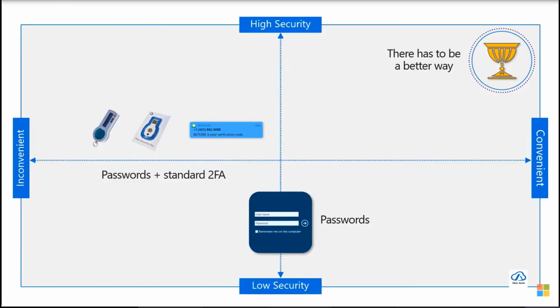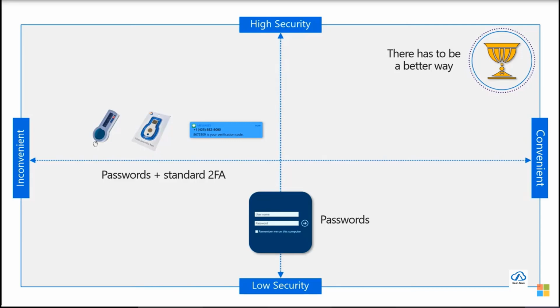Now, moving on, when it comes to more security, one thing you associate with more security is complexity, and one thing you associate with less security is inconvenience. So for example, where does a password fit into this inconvenience versus security chart?